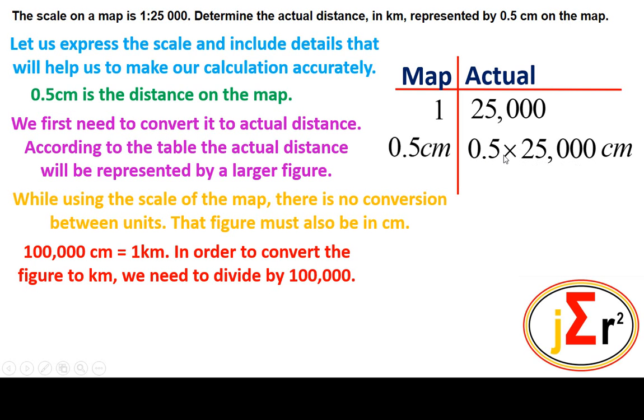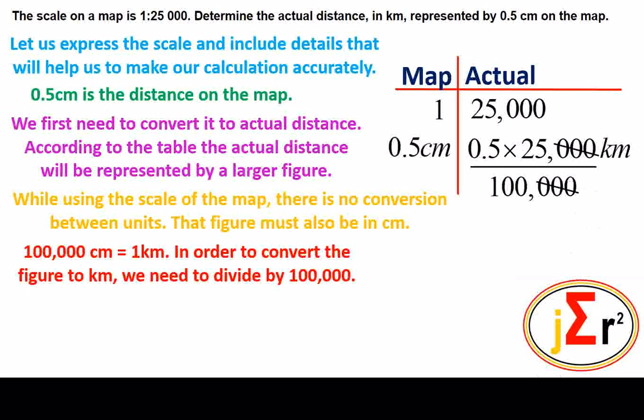So we will get that distance also in centimeters, and we need to convert that to kilometers. And we will do that with the understanding that 100,000 centimeters equal 1 kilometer. In order to convert all of these centimeters to kilometers, we therefore need to divide by 100,000.